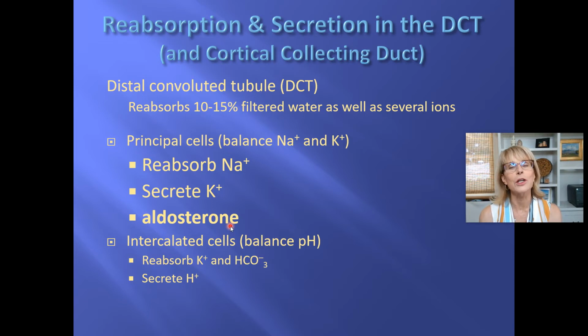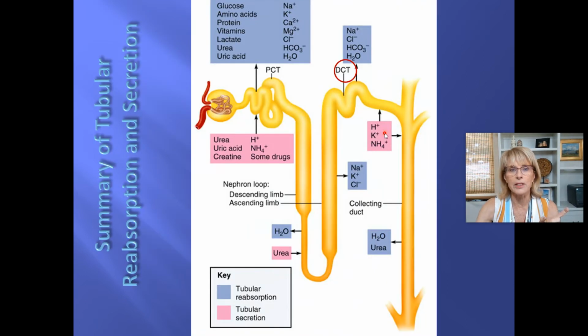Where are the target cells for the hormone aldosterone? The target cells for the hormone aldosterone are principal cells in the distal convoluted tubule and also in the cortical region of the collecting duct. Let me go back to that picture. All right.